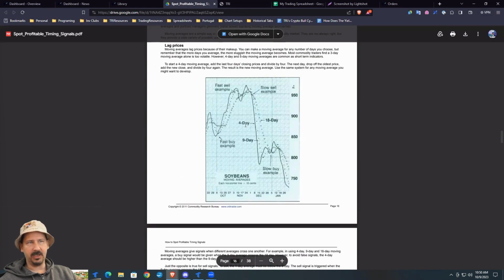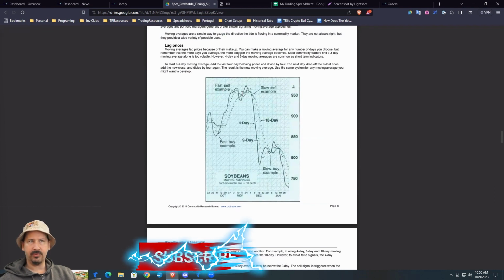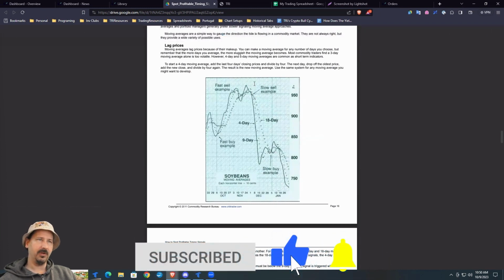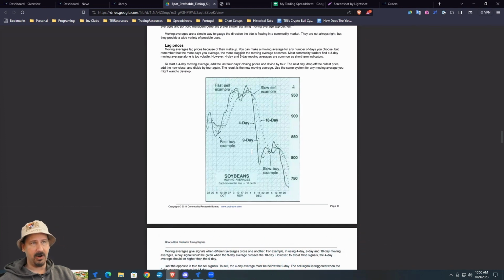In this particular case, this is the 4-day, the 9-day and the 18-day moving average system, and how one crossing the other works as a trading system. And when all three are pointing in the same direction, that's obviously a very powerful signal. And when you get these, we like to call them rainbow crosses, where all the moving averages are pointing up and then they all instantly shift and point down.